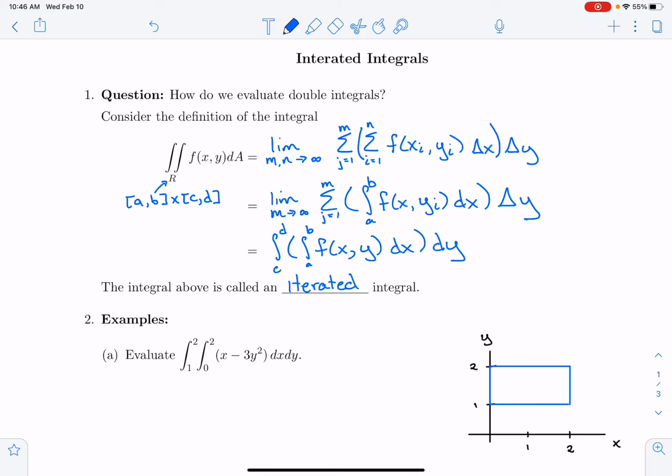We can do the same sort of thing for more general regions, which we will address in the next video. But essentially, this gives me a technique for evaluating double integrals: look at the inner integral, dx, evaluate that integral, and then evaluate the outer integral, dy.